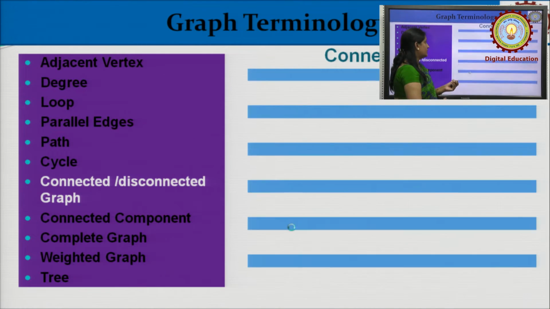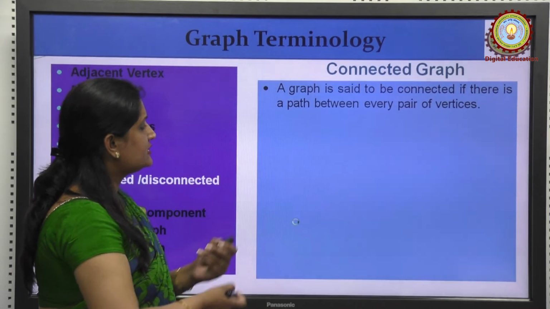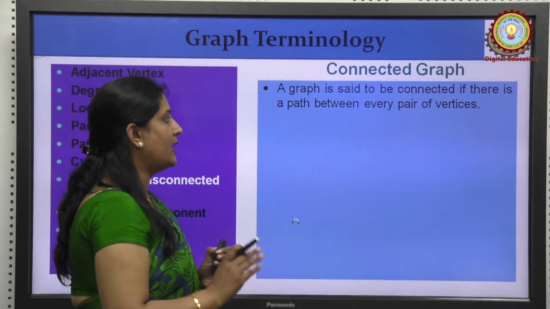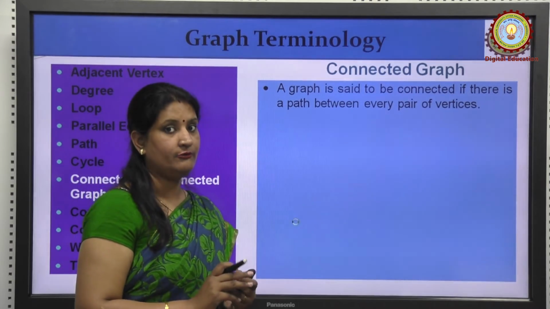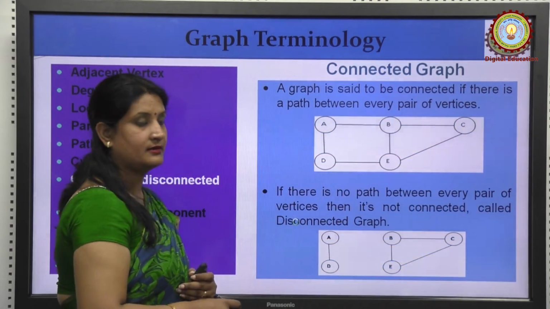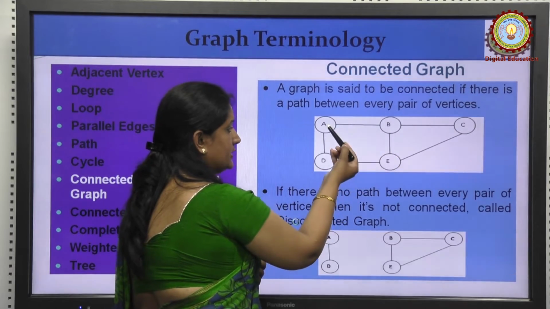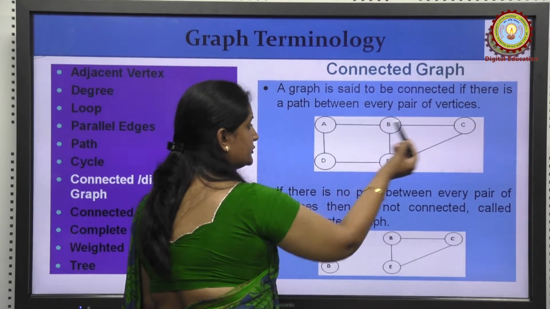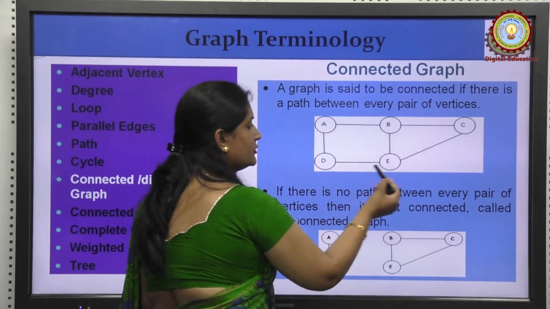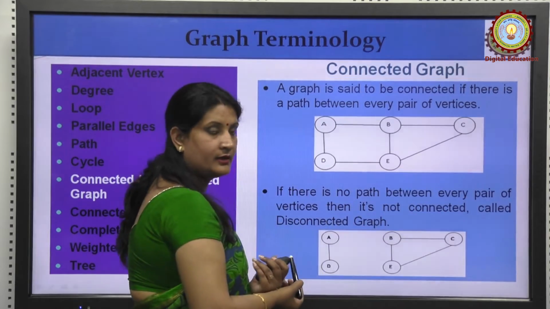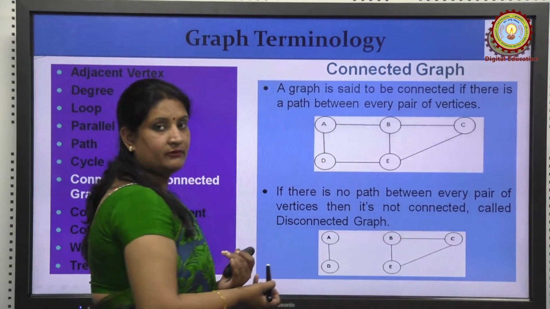Next is connected graph. A graph is said to be connected if there is a path between every pair of vertices. You can visit node A to node B, node A to node C, because here there is a path from node A to every node, so it is a connected graph.